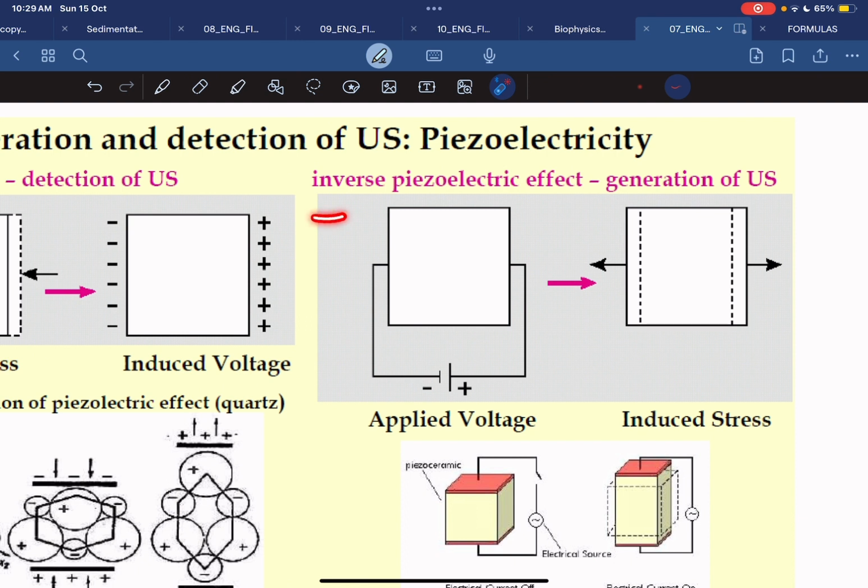If I add a negative and positive voltage here, they would increase in size. But if I add them the other way, they would repel and go inside. If I were to do this super fast with my current, then the particles will vibrate super fast, creating ultrasound.